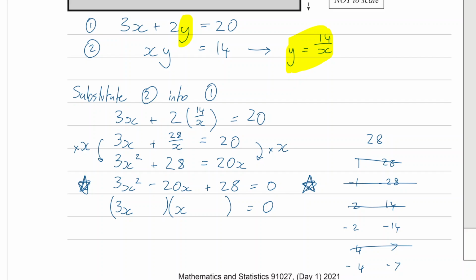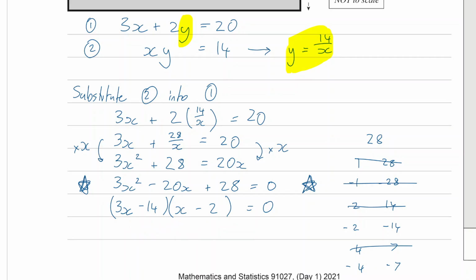So let's try negative 2 and negative 14. So we could put it like this. Well, that'll be negative 42x. That's too big. What if we swapped these two numbers? Right, it does change depending on the order. So 3x times negative 2 is negative 6x minus 14x.